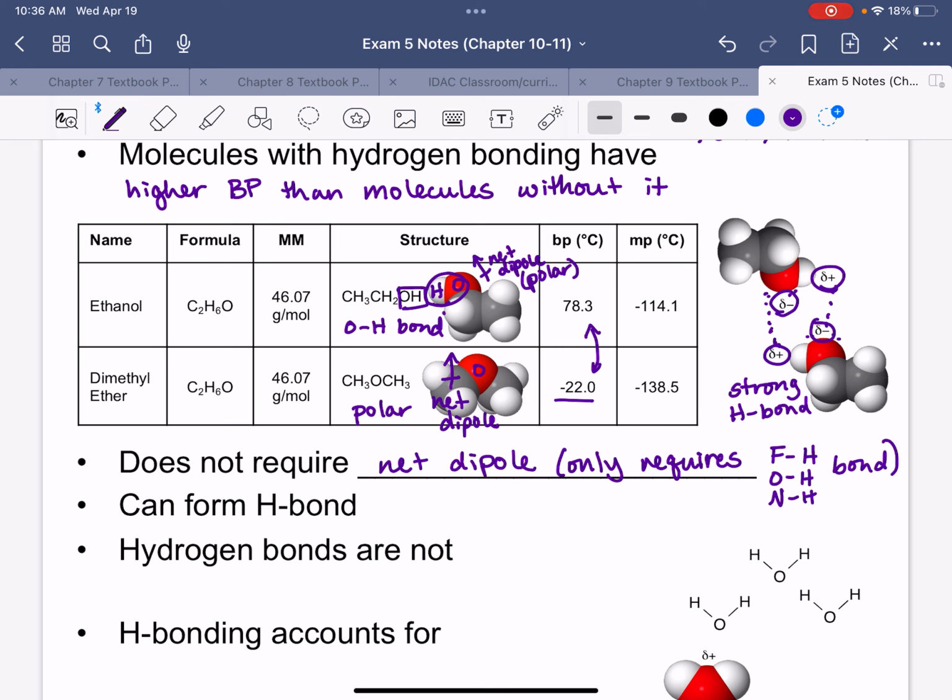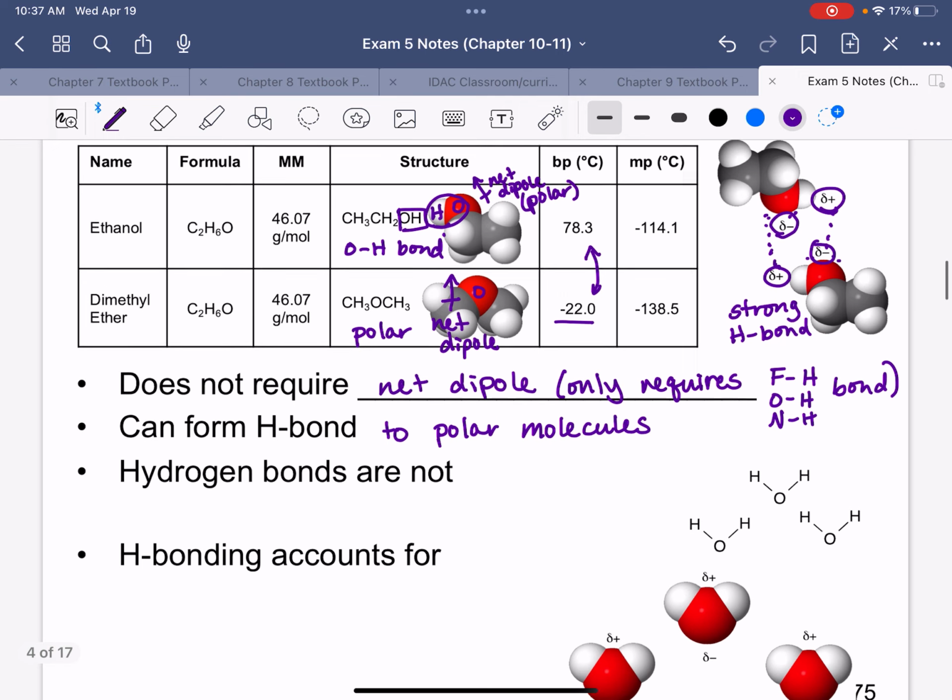The other thing we know about hydrogen bonding is that you can form a hydrogen bond to a polar molecule as well. So you don't have to have hydrogen bonding in both the molecules that are attracted to each other. A hydrogen bond can happen with a molecule that's just polar because, again, we'll have that attraction between the partial positive and partial negative on the molecule that does have hydrogen bonding with something else with partial charges.